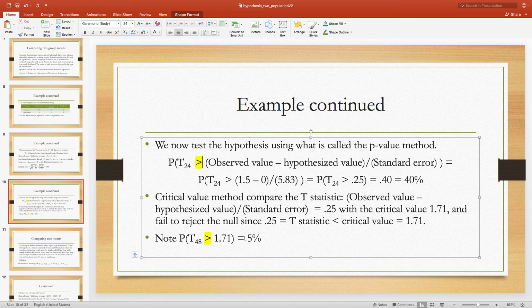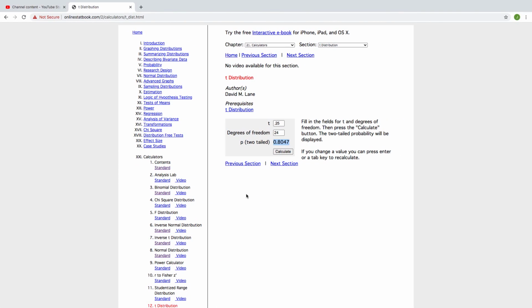If you use the critical value method compared to the t-statistic, the t-statistic that corresponds to having a 5% probability is 1.71. And since 0.25 is not in the rejection region of 1.71, it's less than the rejection region, we fail to reject the null hypothesis.